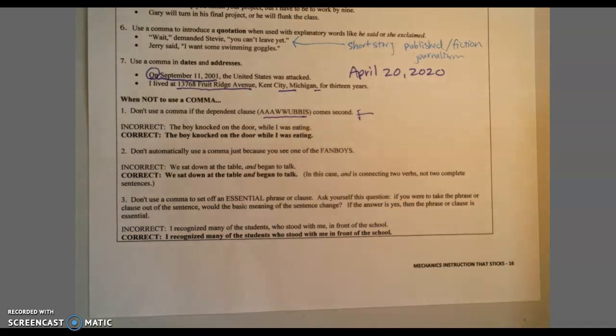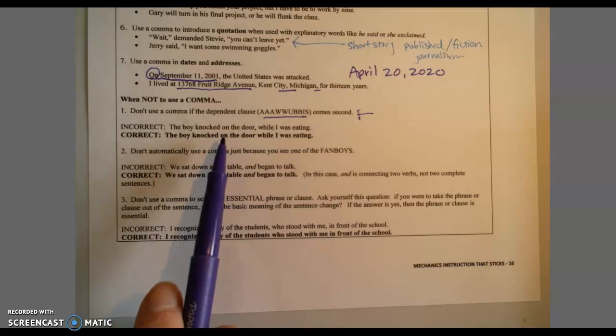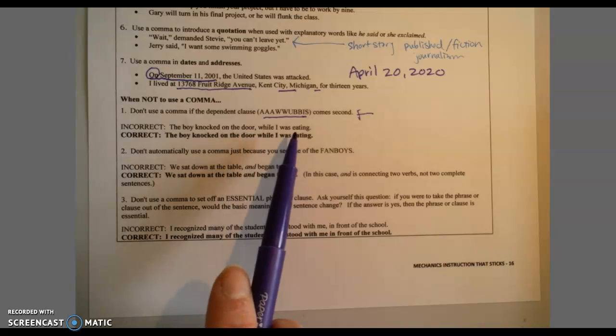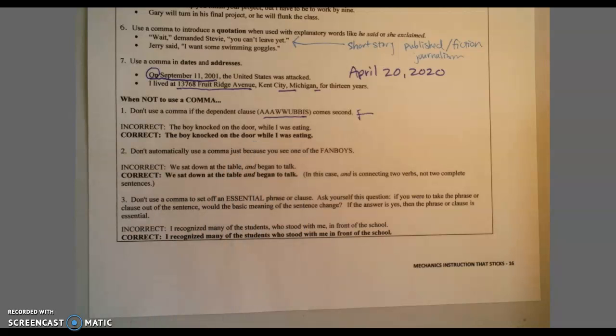We're using these subordinating conjunctions, the AWUBIS words: although, as, after, while, when, whenever, until, unless, because, those kinds of words. So incorrect is this top one. The boy knocked on the door, comma, while I was eating. Because it's a dependent clause closer, we do not use a comma. So the dependent clause closer gets no comma.